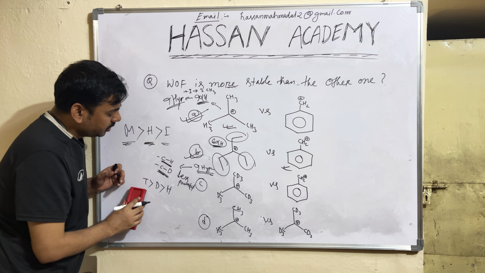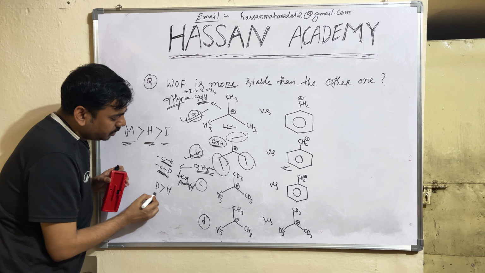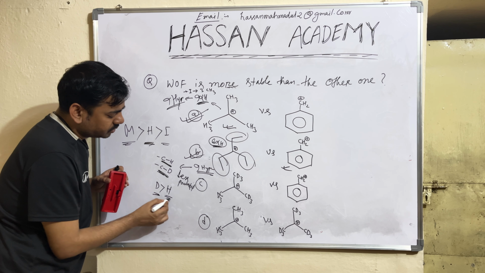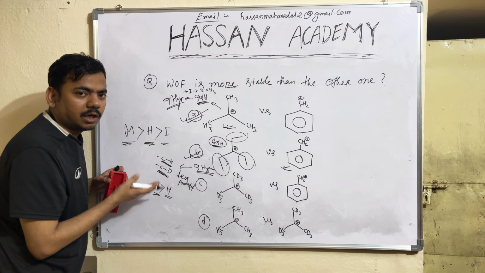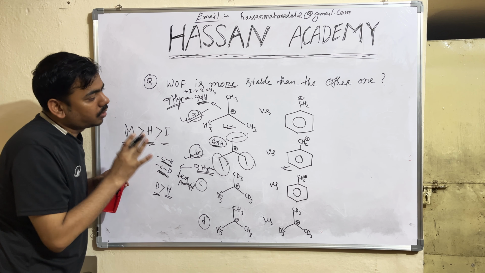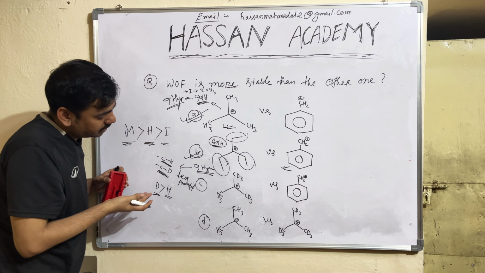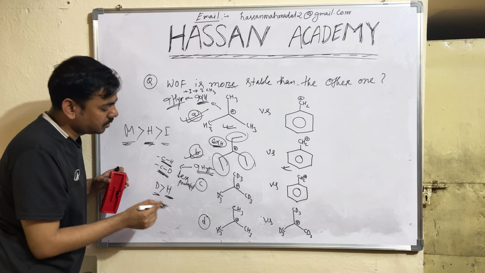We are not going to discuss T more because it is radioactive, so ignore it. Deuterium is more plus I than hydrogen, and to be honest, hydrogen we should not count as plus I or anything. Hydrogen is just the control one; we compare with respect to hydrogen whether it is more or less.